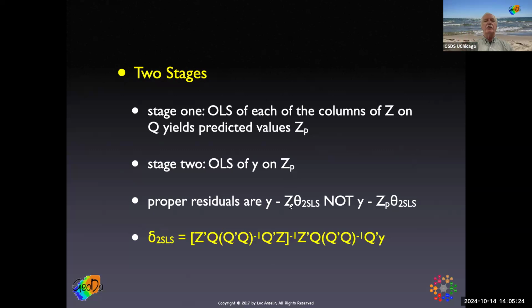You have to get the residuals from the original Z. So if you do this by hand, and in the notebooks, we'll do it by hand, we'll do the actual two stages, then you'll see when you compare the results of the actual two-stage least squares in terms of standard errors to those of the second stage, they're not the same because the residuals are different. The naive way, as I call it, is get the residuals using the predicted values on the right-hand side. The correct residuals use the original endogenous variables on the right-hand side.